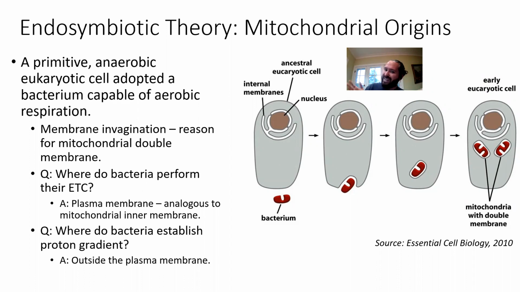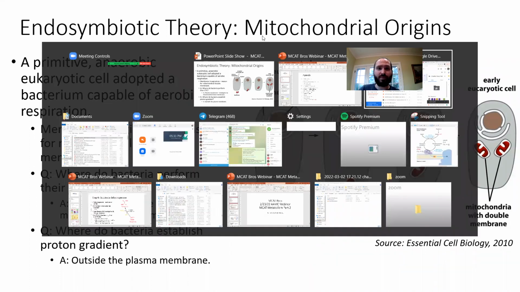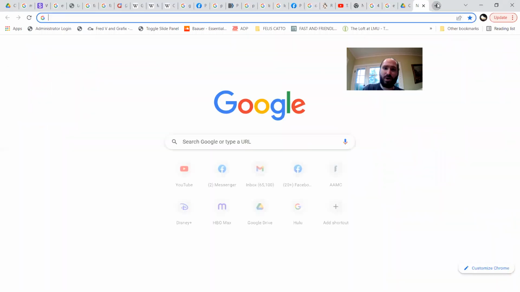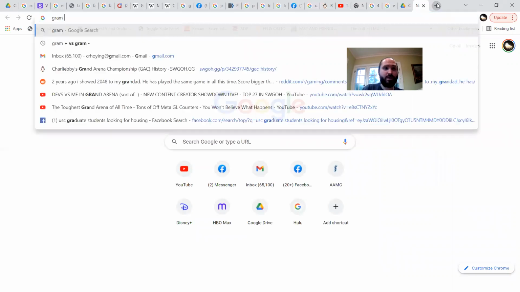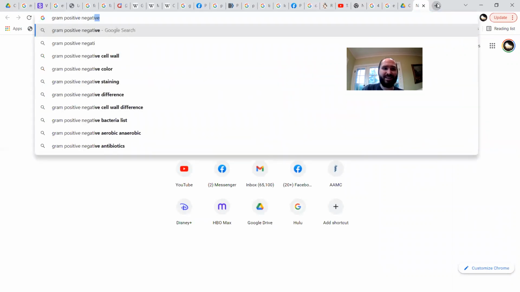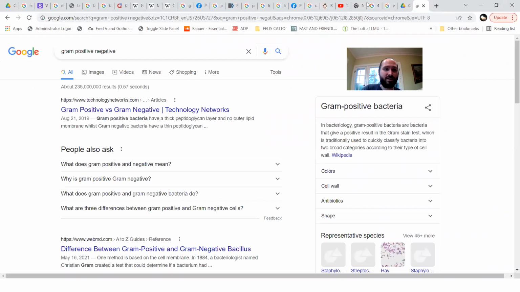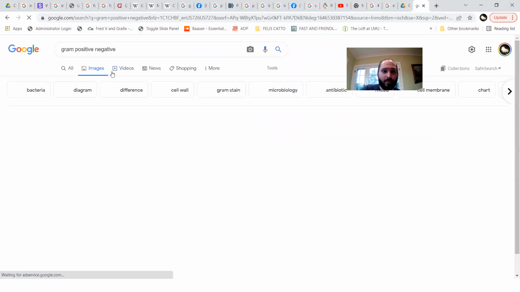Probably not details of gram staining, but if you can connect the details of gram staining to why bacteria are gram positive or gram negative, that could only help, I believe. So gram negative has essentially two membranes plus a cell wall. Let's just do it, why not? This is good for everybody.